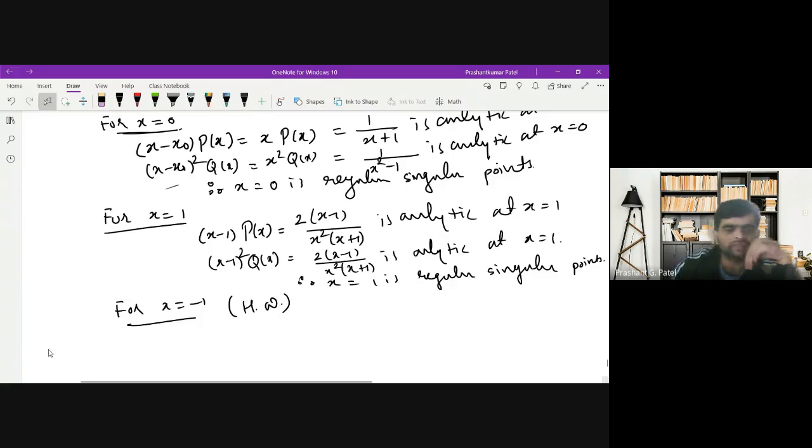So now next example, that is x square y double dash plus 2 minus x y equal to 0.